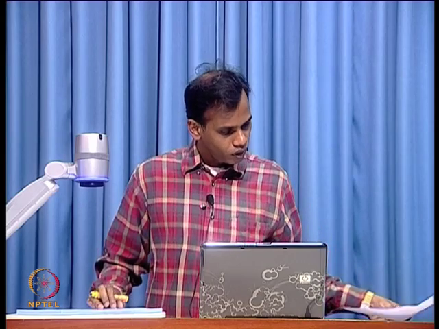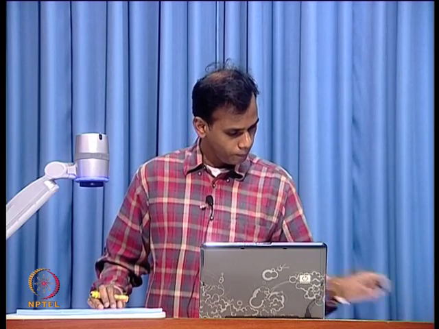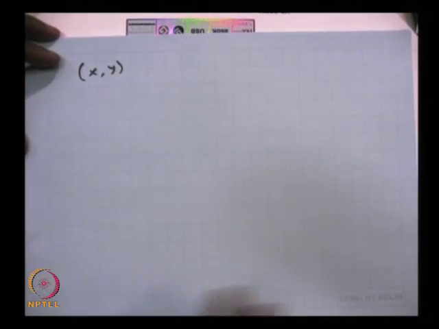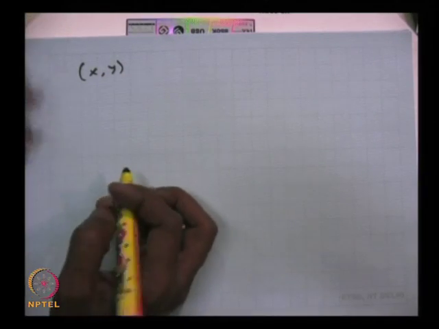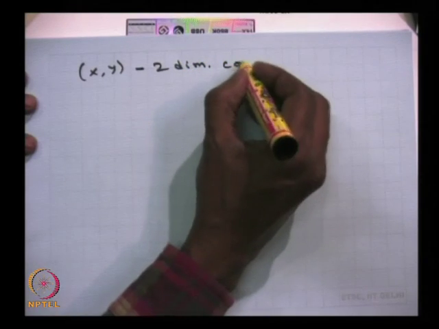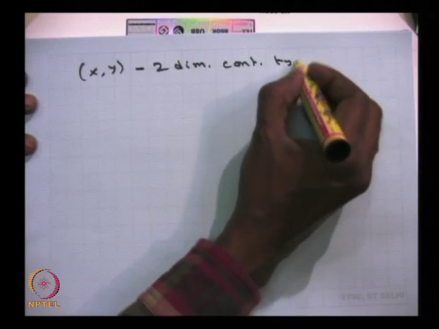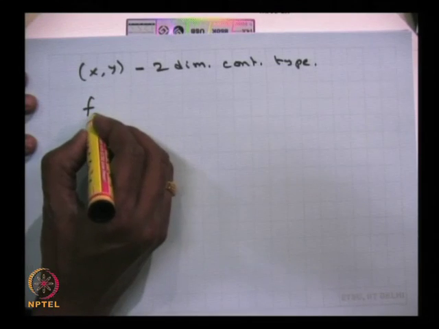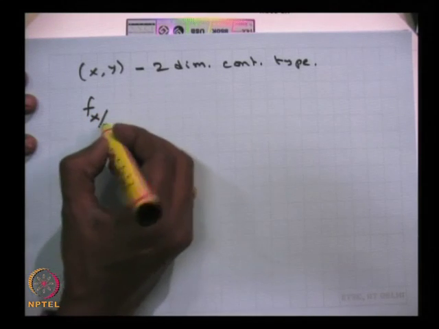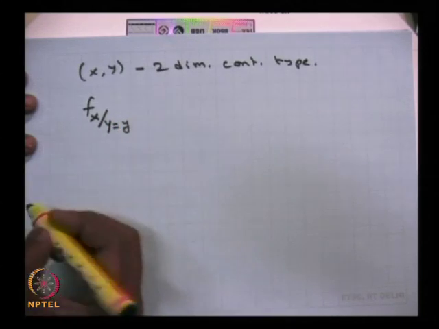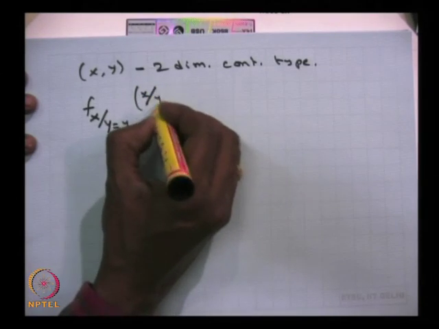Now I can go for defining, the same way, the conditional distribution of a two-dimensional continuous type random variable. You can define the probability density function of a random variable x, given that y takes a value y, that is x given y.